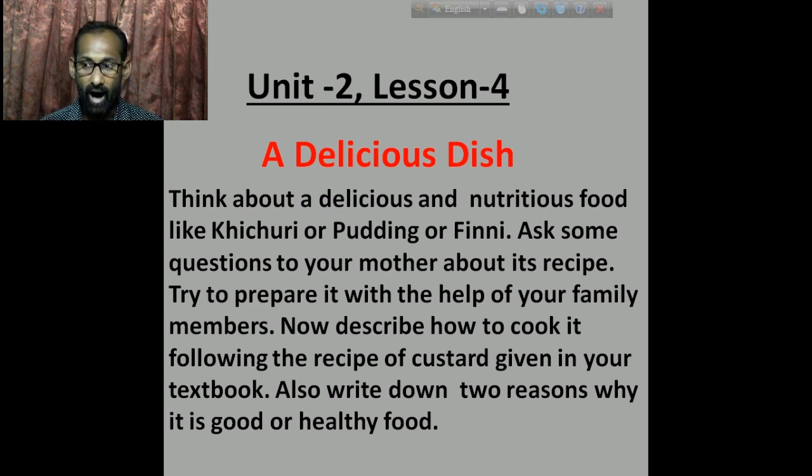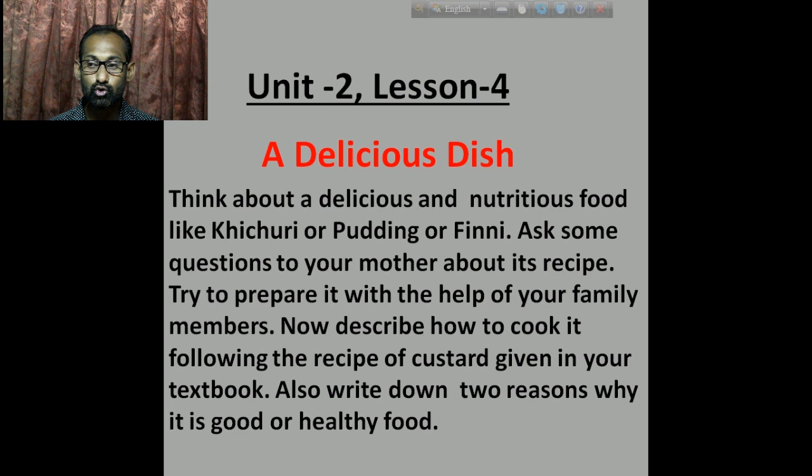Okay, now ask some questions to your mother about its recipe. That means you have to take help from your mother. Okay, try to prepare it with the help of your family members. That means you can take help of other members of your family. Okay, now describe how to cook it following the recipe of custard given in your textbook.